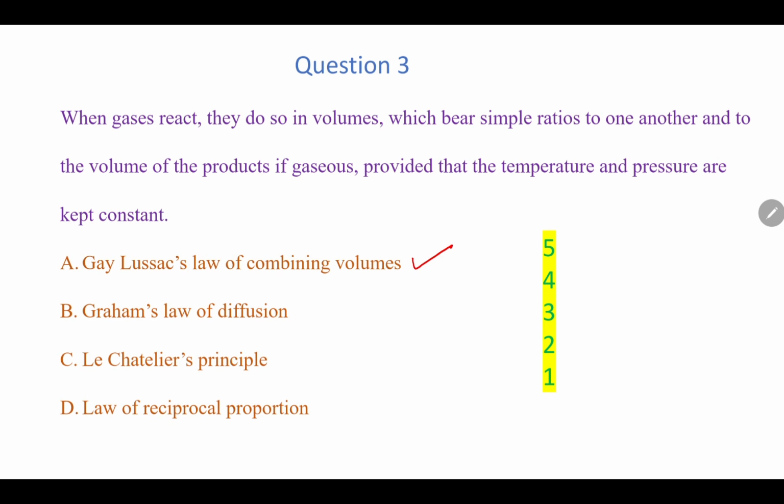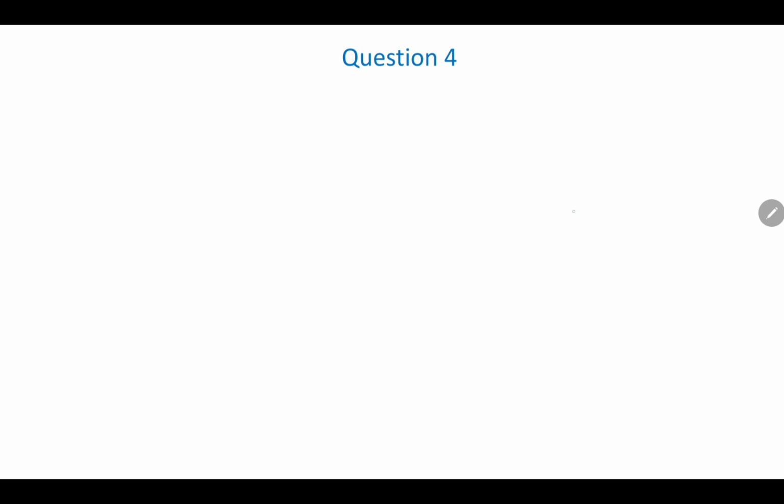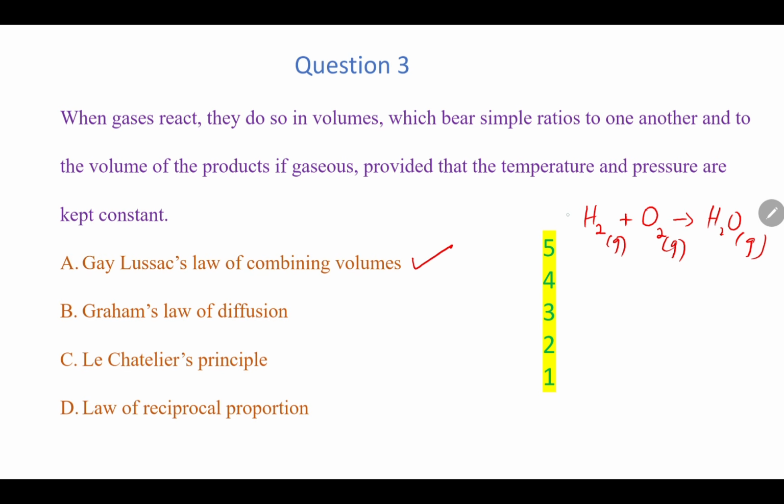It says that when gases react, they do so in volumes which bear simple ratios to one another and to the volume of the product. What it's simply telling us is that gases react in volumes and it should be in simple ratios. For example, if hydrogen gas reacts with oxygen gas to give water vapor, then the balanced equation is 2H2 plus O2 gives 2H2O.